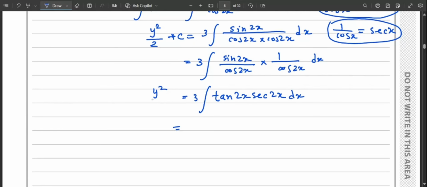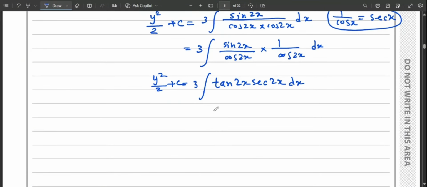On the left side, it is still y square divided by 2 plus c. The c is the constant of integration. Now we know that the integration of tan 2x and sec 2x will be equal to sec 2x.